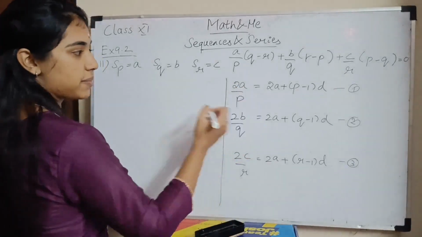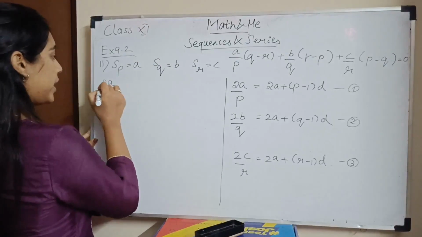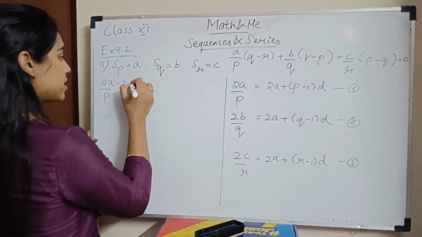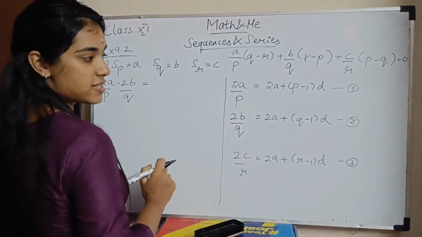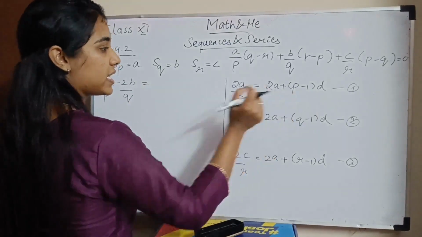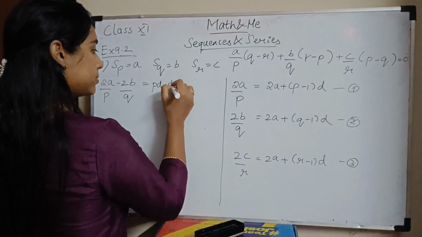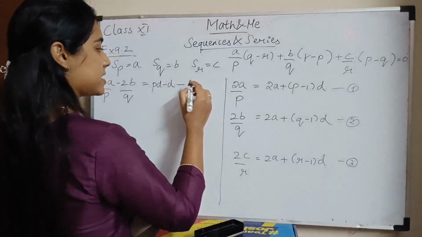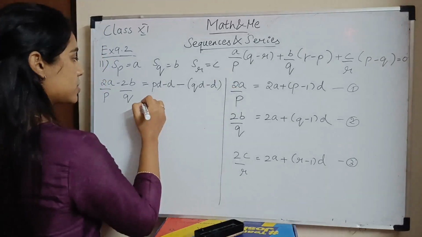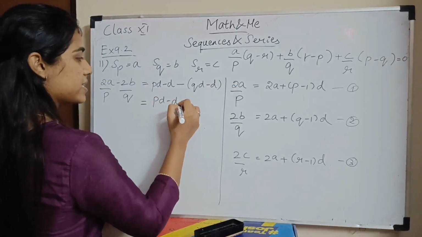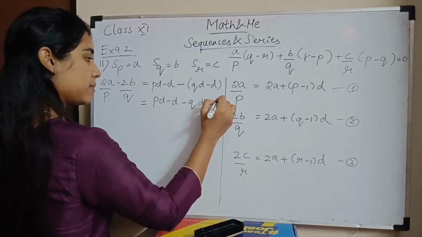So what am I going to get when I subtract these two? I have 2A by P minus 2B by Q equals, the 2a and 2a get cancelled, Pd minus d, minus (Qd minus d) within bracket. So on the right hand side I have Pd minus d minus Qd plus d.